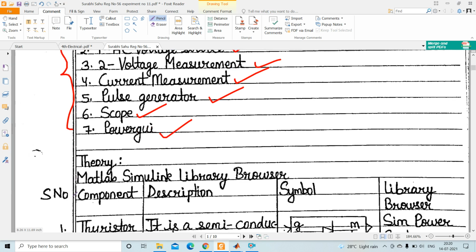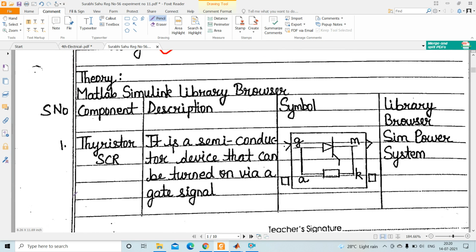Okay, so first go through the theory. In theory we describe the different blocks, and the different block parameters which we take from the Simulink library browser. First we will discuss the thyristor. It is a semiconductor device that can be turned on via a gate signal.